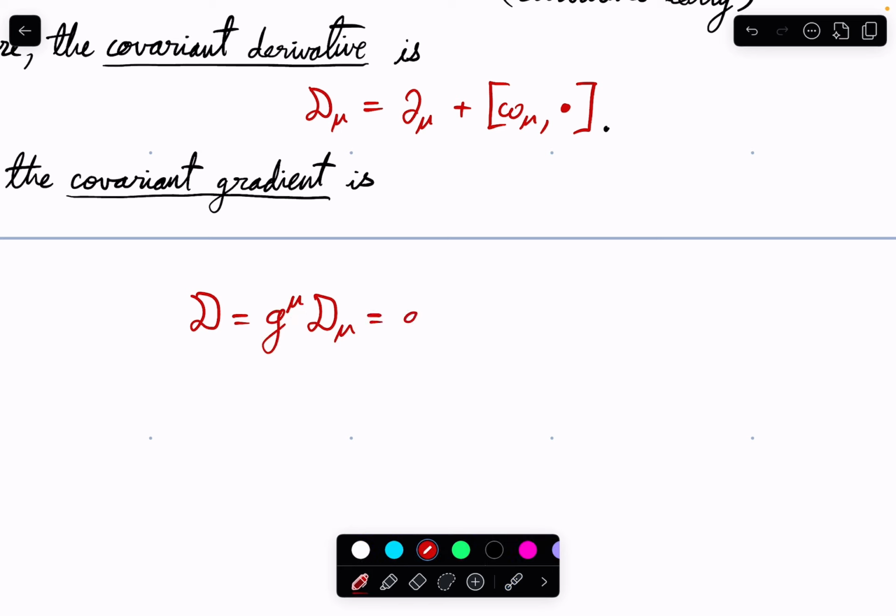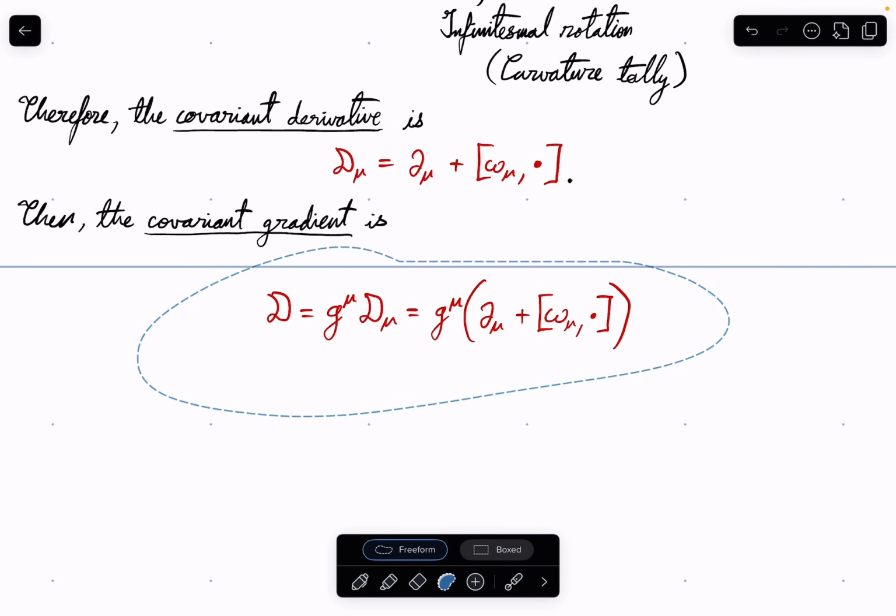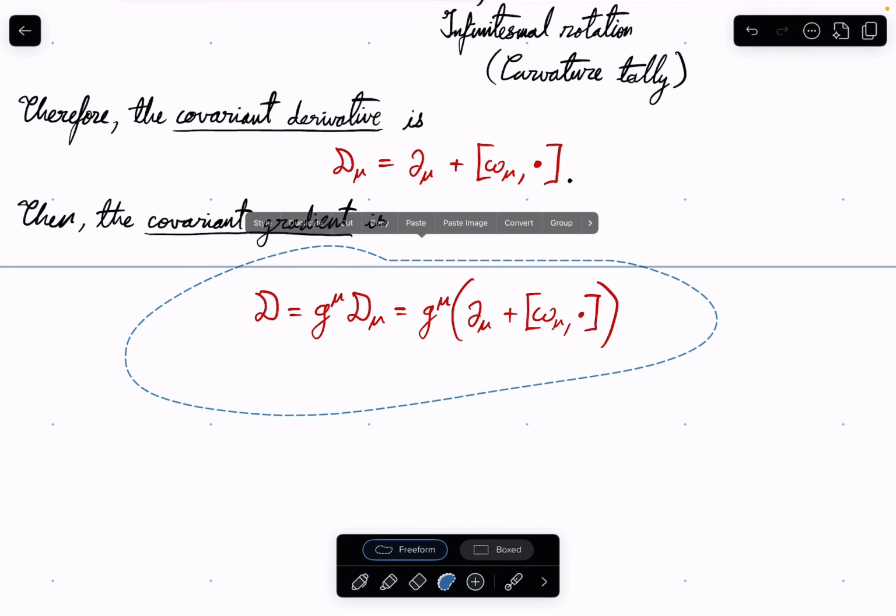And just for the sake of consistency, so you can see what it looks like, all expanded, we get this. And this right here is the definition of the covariant gradient.